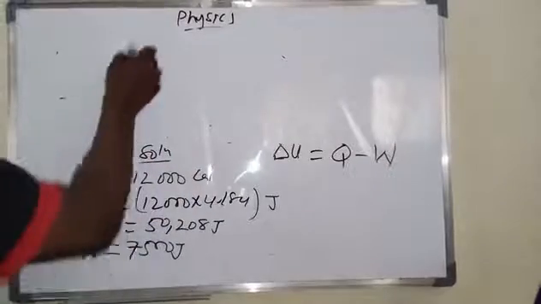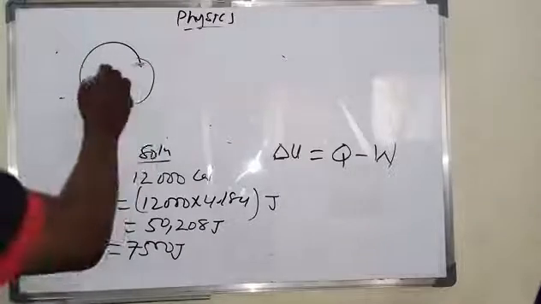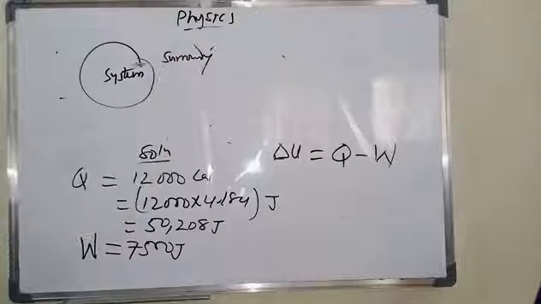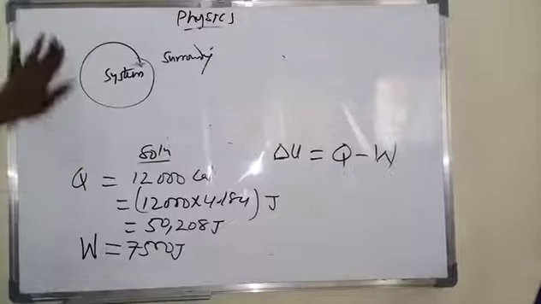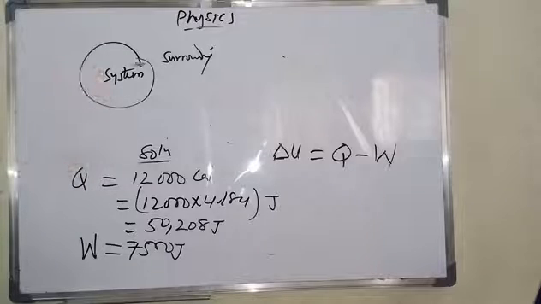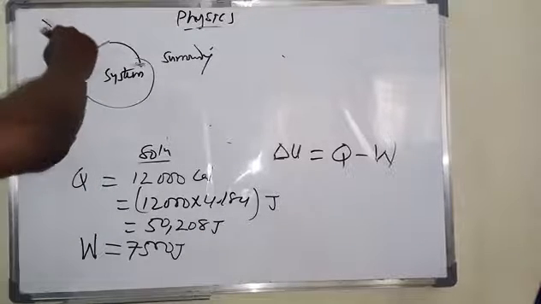So if I have a system, let's say this is a system with its boundary. Outside the system is what we call the surrounding. If this is an open system, which means this system is open to mass and energy, so a quantity of heat is supplied as an input into the system.